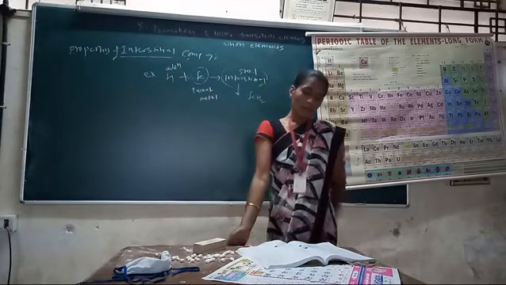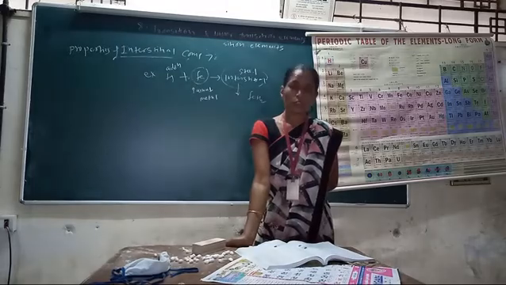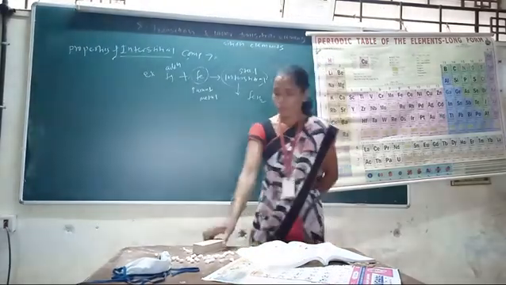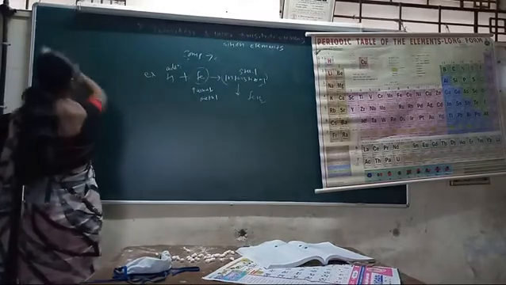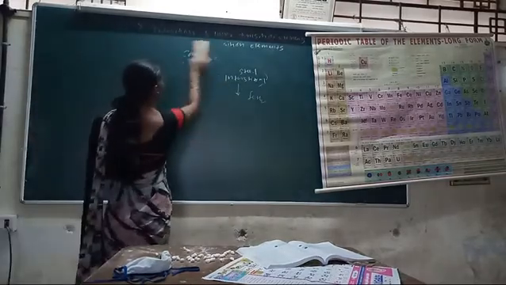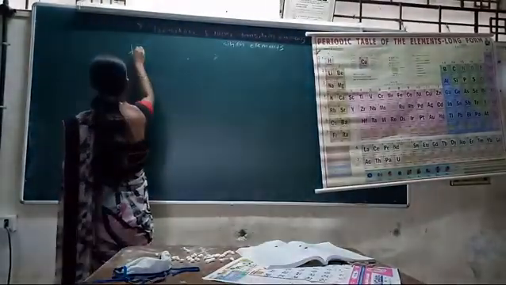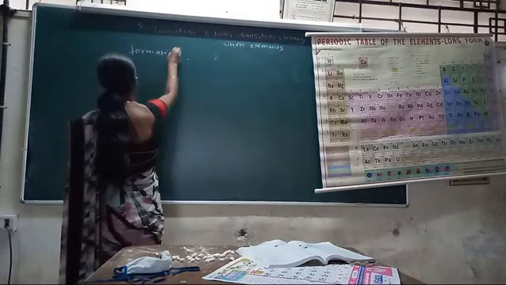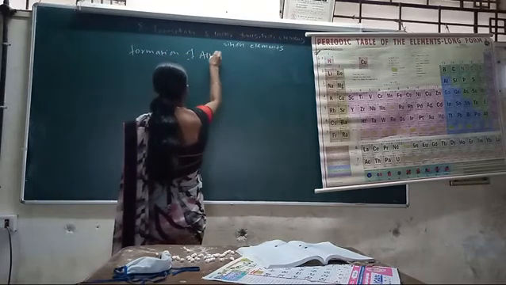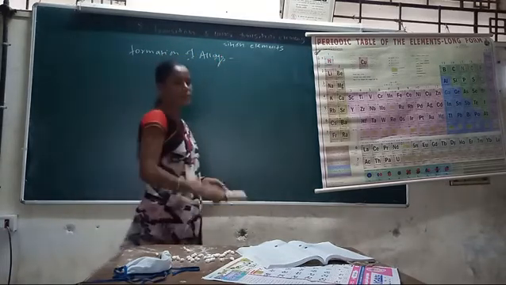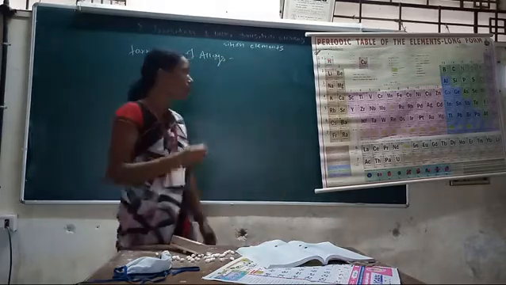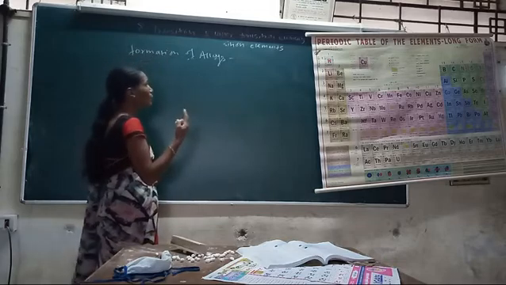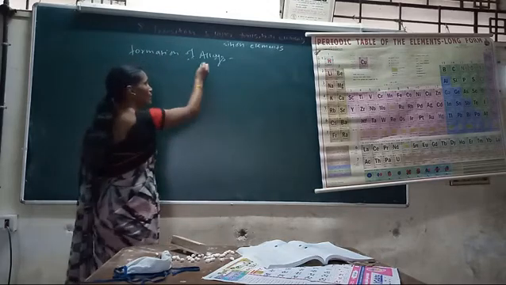Then the next point is formation of alloys. First, what is meant by alloy? Alloys mean a homogeneous mixture of two or more elements in which one must be a metal.